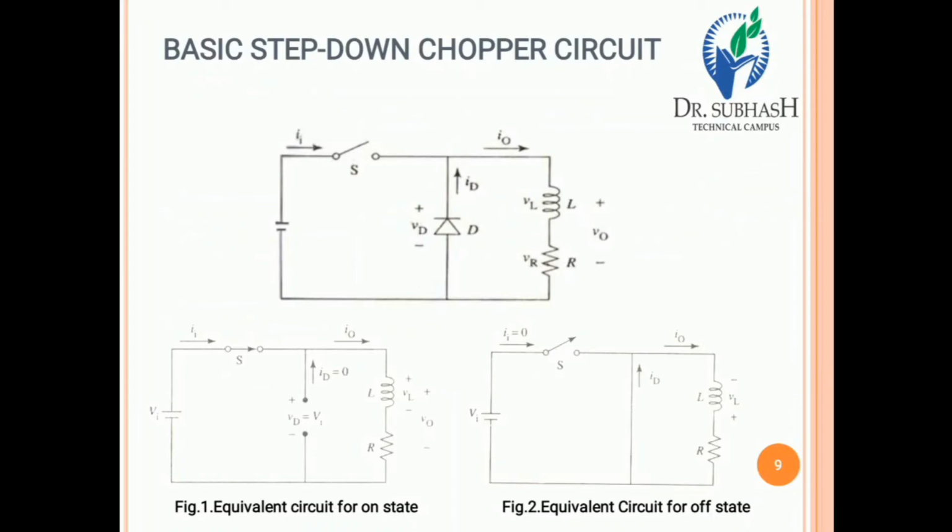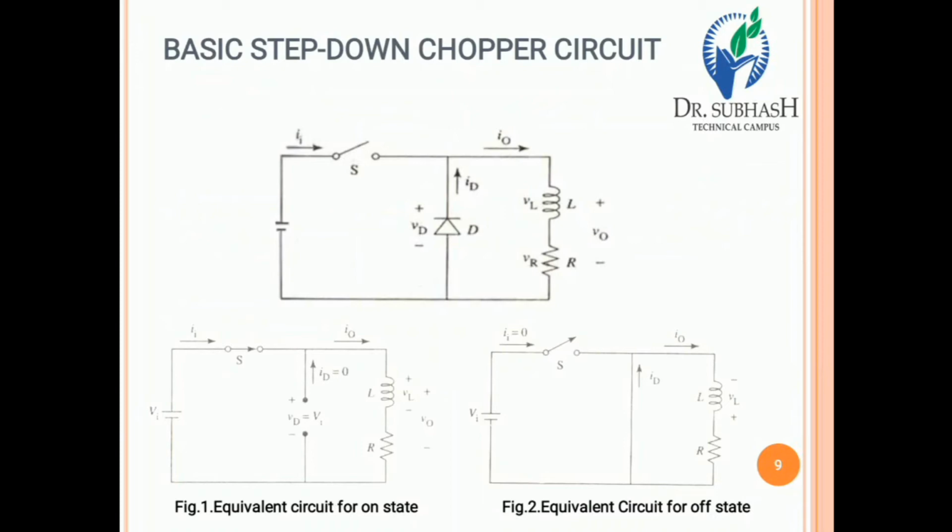Now this is the basic step down chopper circuit. In the top figure is our basic step down chopper circuit. Here the circuit is designed using a switching element S as well as a diode VD. The voltage across the diode is VD and we take the output across the load resistance, right?